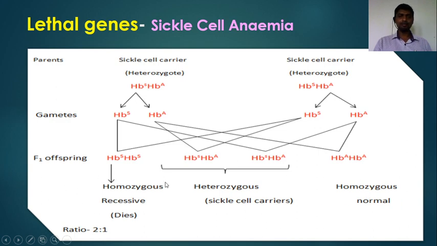Due to the death of the homozygous recessive, which has the allele HbS, the phenotypic ratio 3:1 has been modified into 2:1. This happens because of the death of one of the homozygous recessive individuals. So this is about the lethal genes.